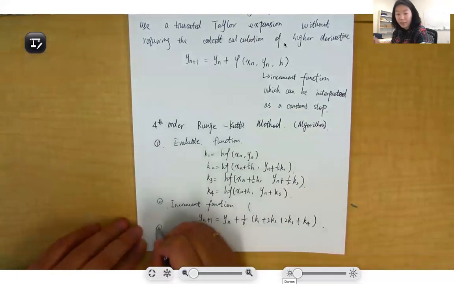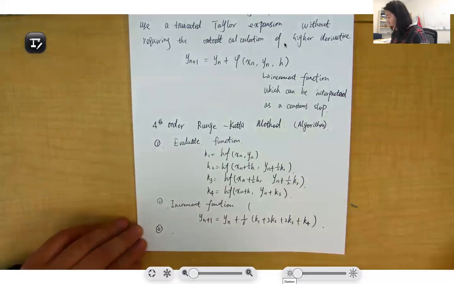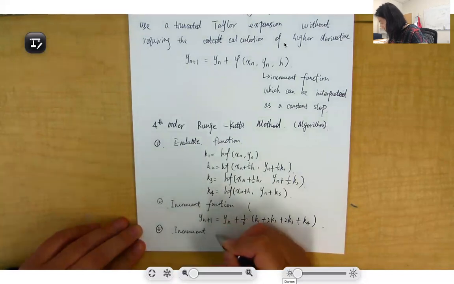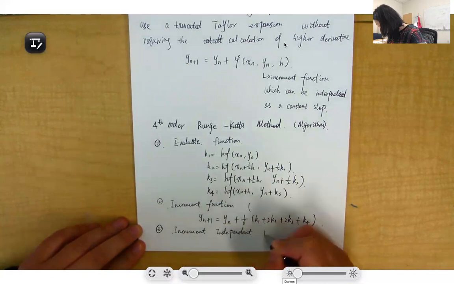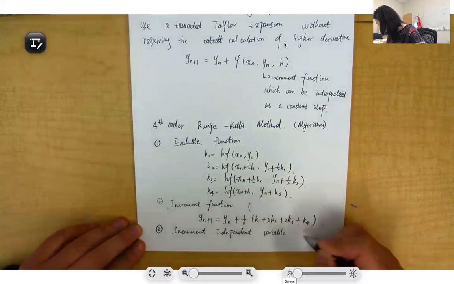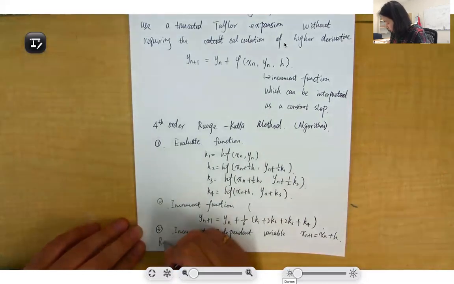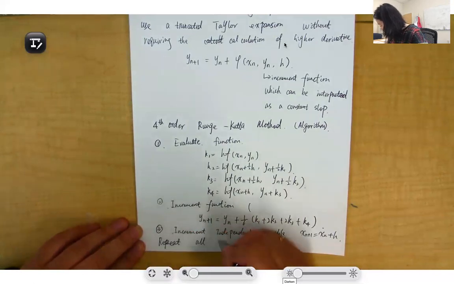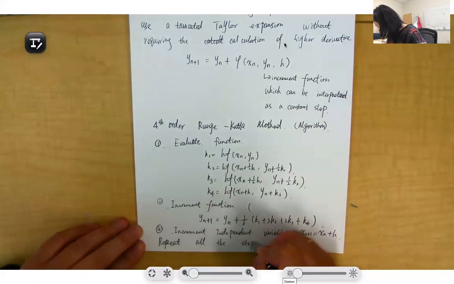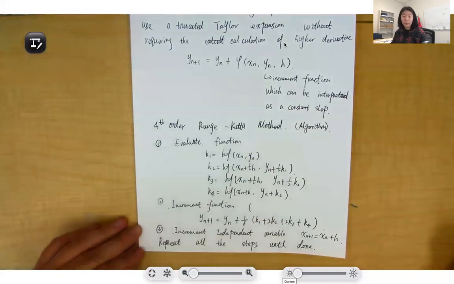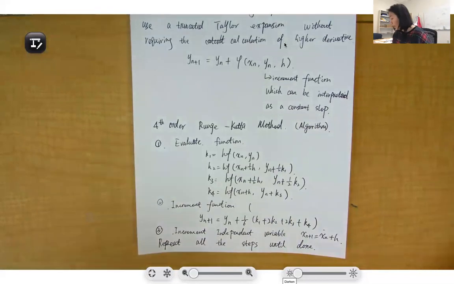Then the third step is you update your independent variable x: x_{n+1} equals x_n plus h. Then you repeat all the steps until you finish scanning all the terms of x.